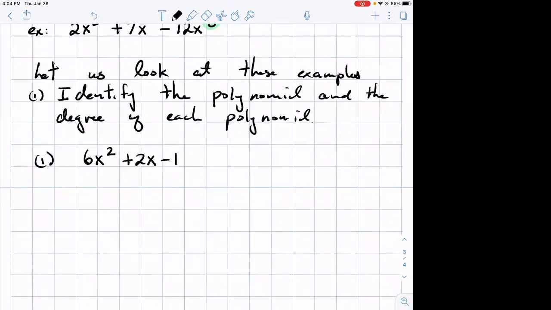A couple of things to note. Here, this is one term, this is another term, and this is another term. So here we have 3 terms. And if we have 3 terms, we know that this polynomial is called a trinomial.